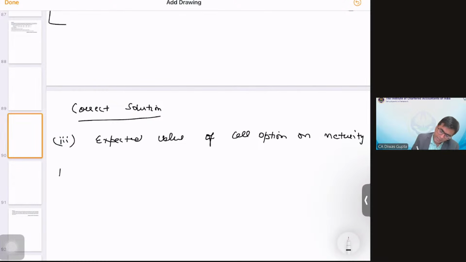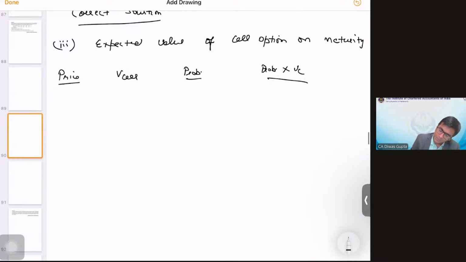There is a price, there is a value of call option, there is a probability, and then probability multiplied by value of call option.